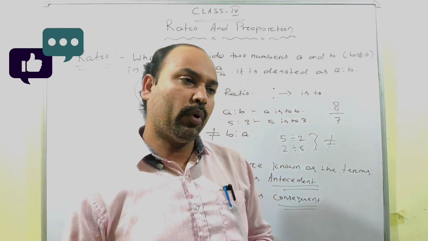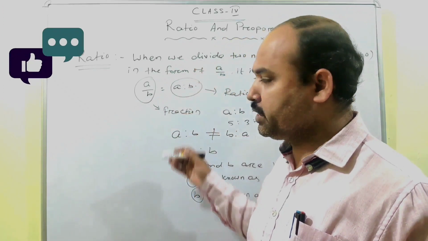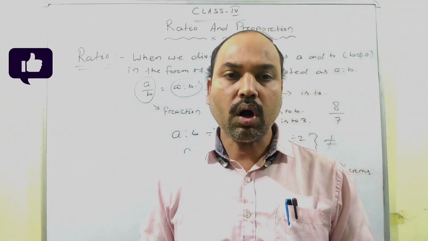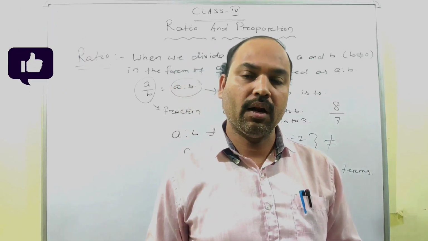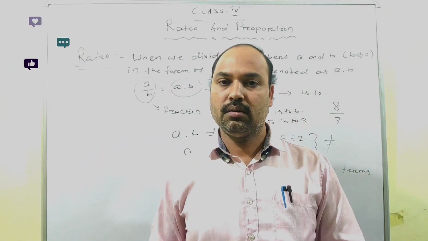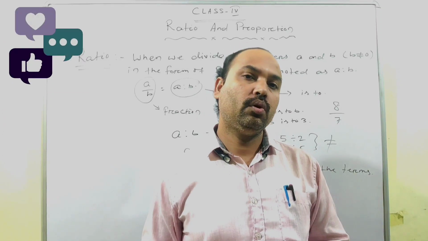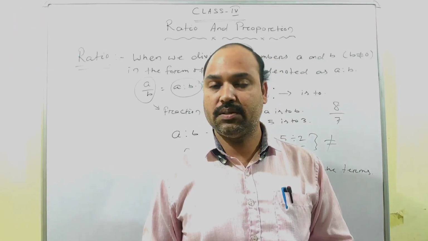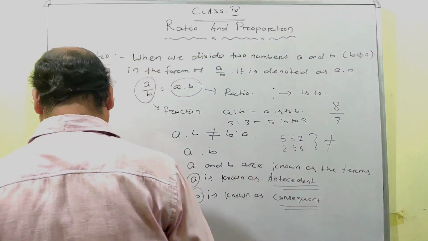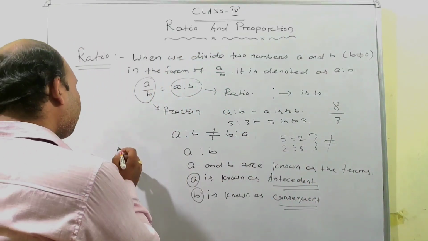In the same way, for a ratio, if there is no common factor other than 1 between the antecedent and consequent, then that ratio is in the simplest form. One example right here.